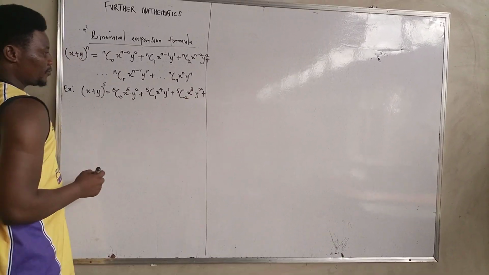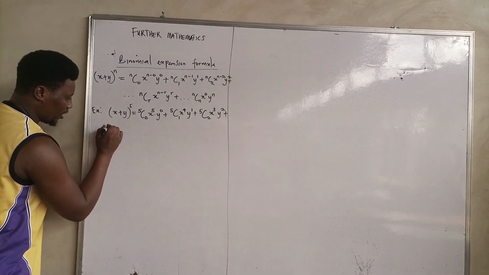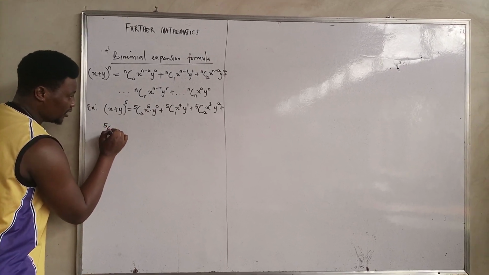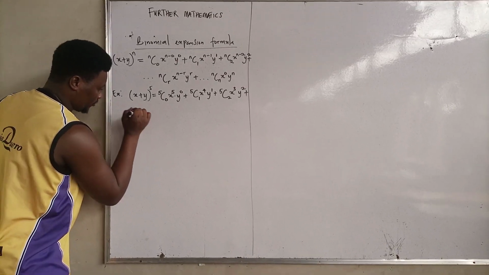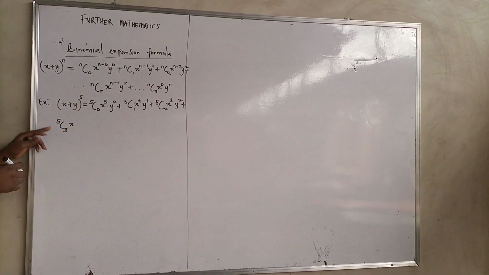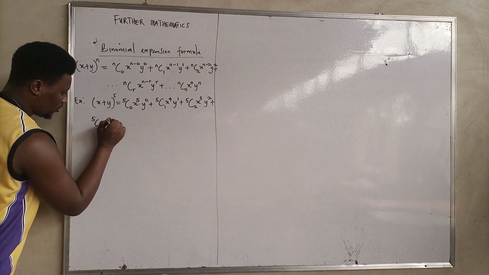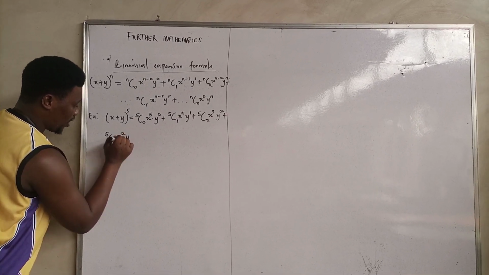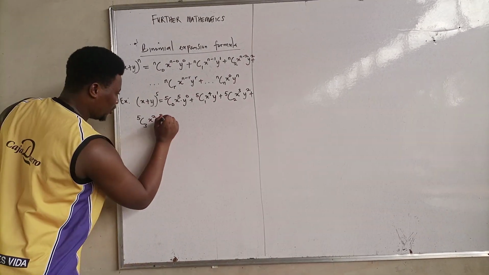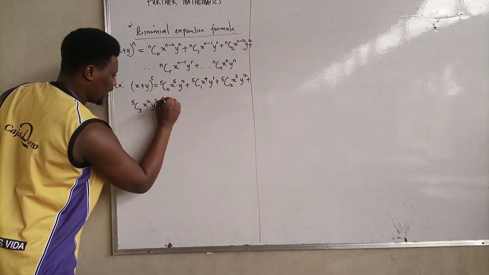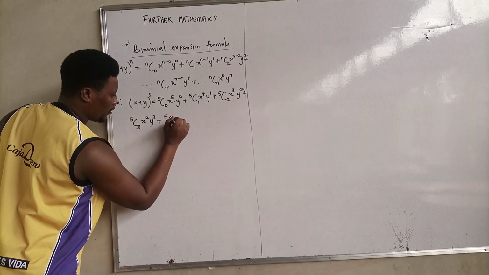Plus, we have 5 combination, after 2 is 3, combination 3. x will be 5 minus 3, which is raised to power 2, times y raised to power 3. So we are still moving on. Plus 5 combination 4.